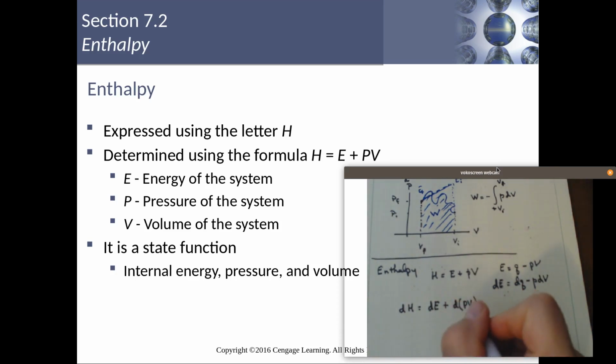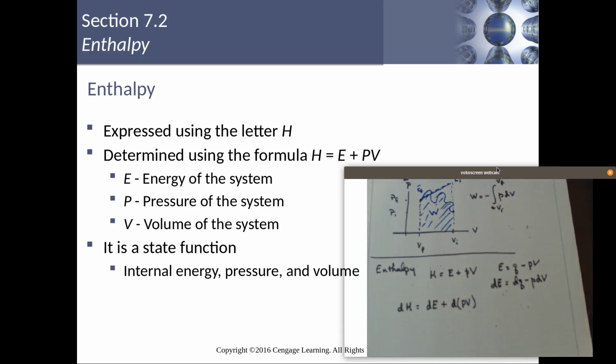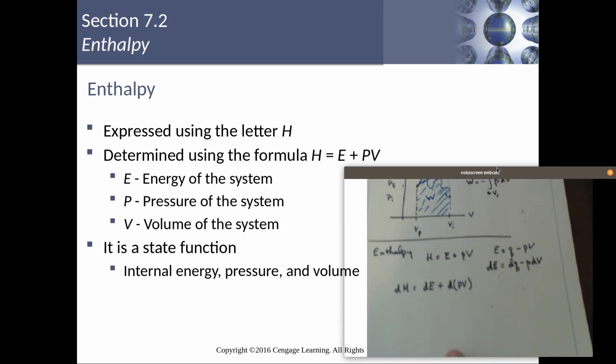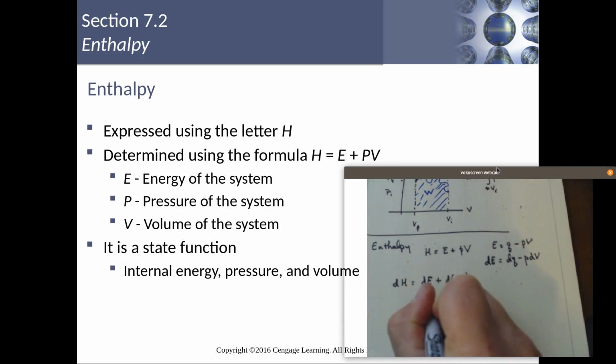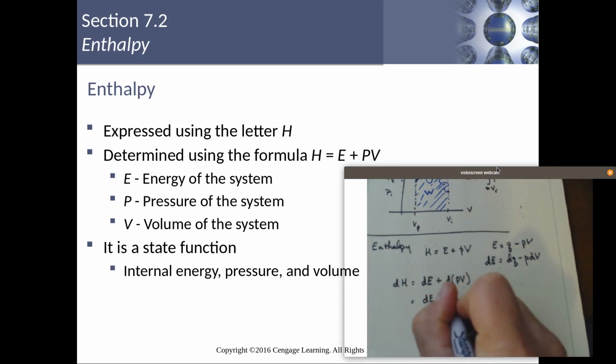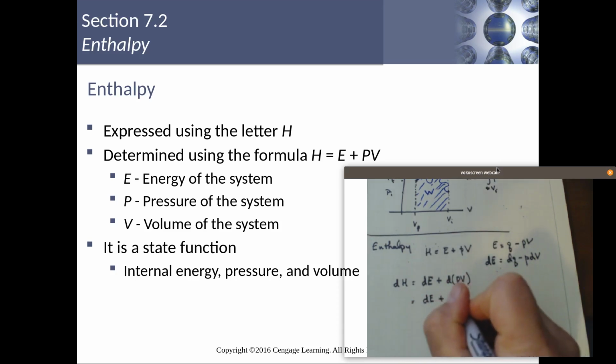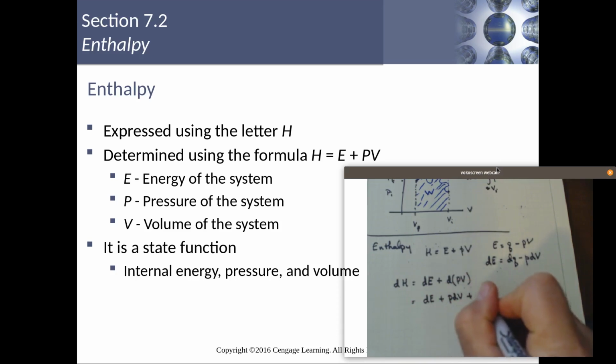Again, I think it's a little clearer to simply apply what you know already from your calculus, and write this as dE plus, well, remember the distributive law of taking a differential, P dV plus V dP.